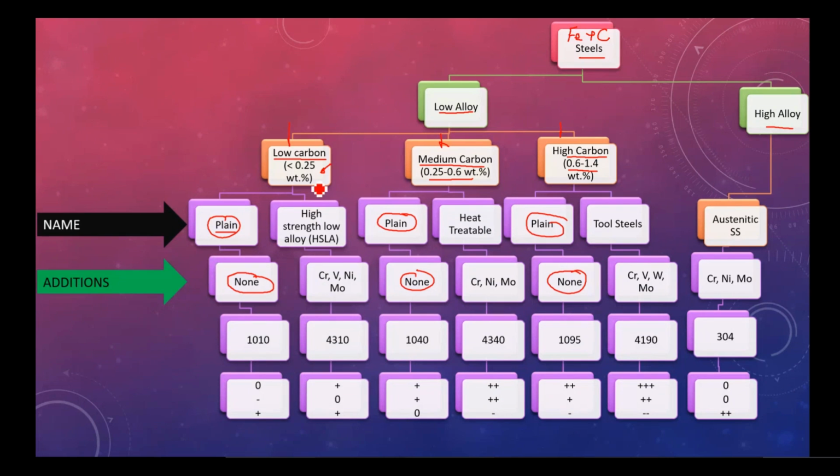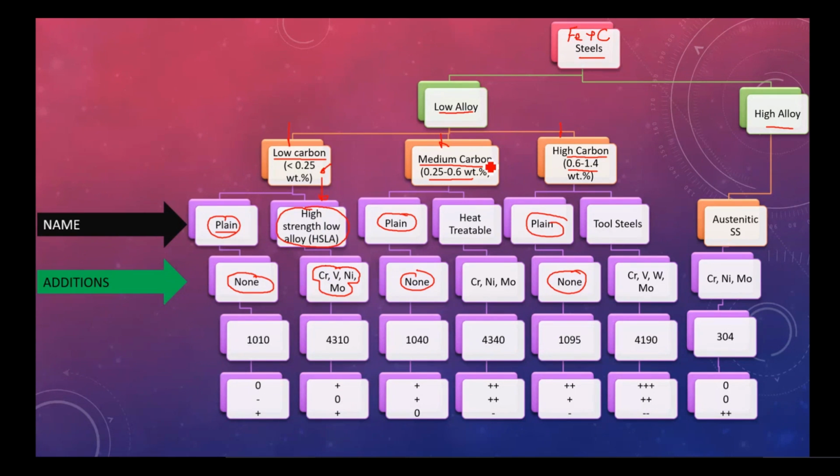Then there is another category for all three of them. The high strength low alloy steel, known as HSLA steel, is associated with low carbon steels. They have chromium, vanadium, molybdenum, and nickel additions to it.